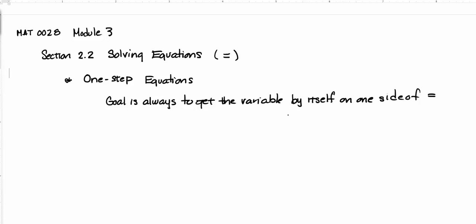So it'll always be something like, x equals whatever. Okay? So that is always our goal.